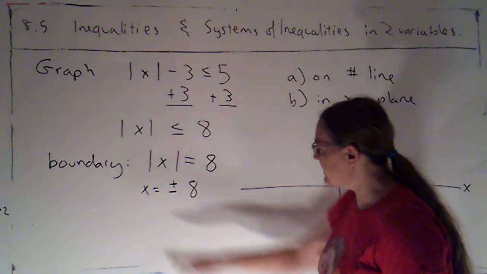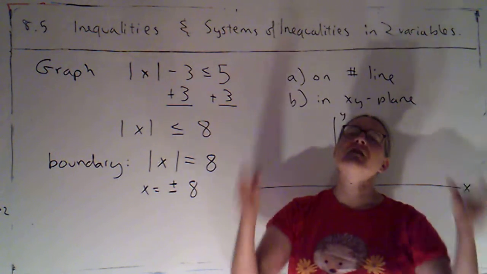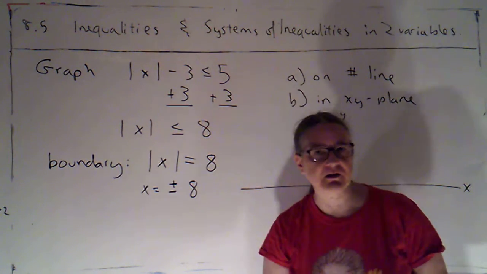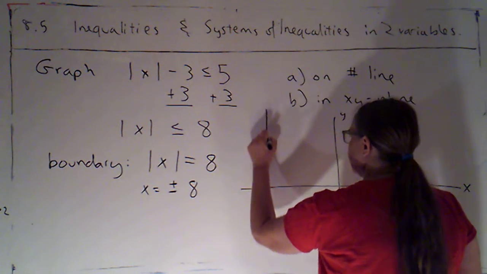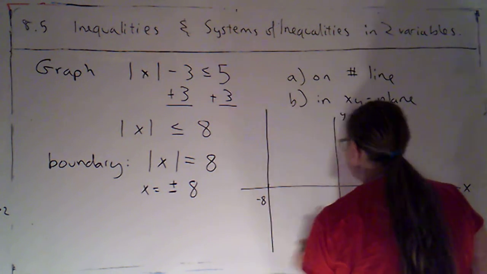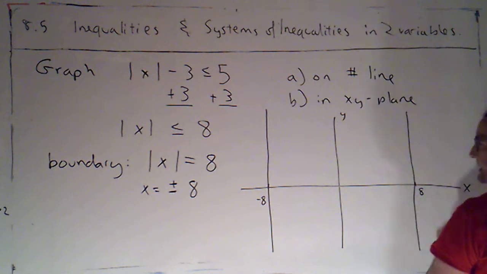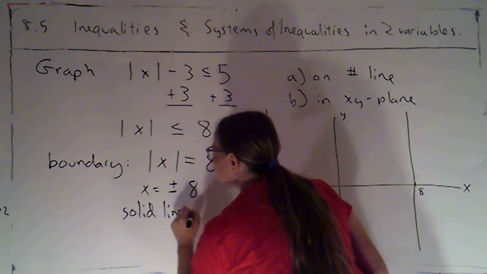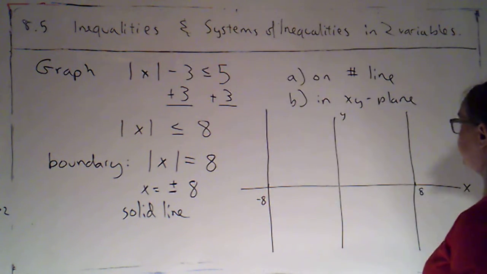The difference is, if x is plus or minus 8, instead of that being 2 points, that's now 2 lines, because x equals constant is a vertical line. So we would have a vertical line at negative 8, and we would have a vertical line at 8, and I should maybe write in here, these are going to be solid lines because we're including that boundary.